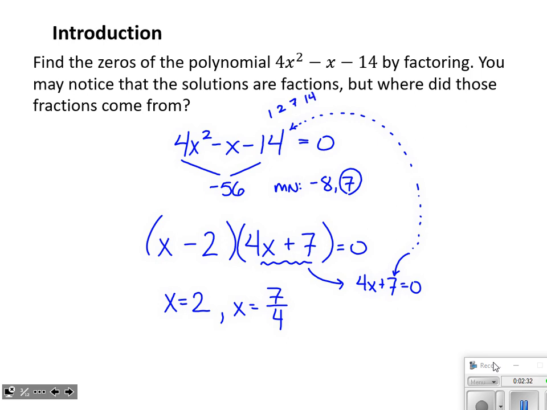And then when we divided by 4 to get our solution, where did that 4 come from in our factor? Well, it was a factor of our leading term, 4. So as we go through this factoring process, we're actually rifling through some of the possible solutions that could occur. So looking at the constant at the end and the leading coefficient at the beginning leads us to some possibilities for answers.